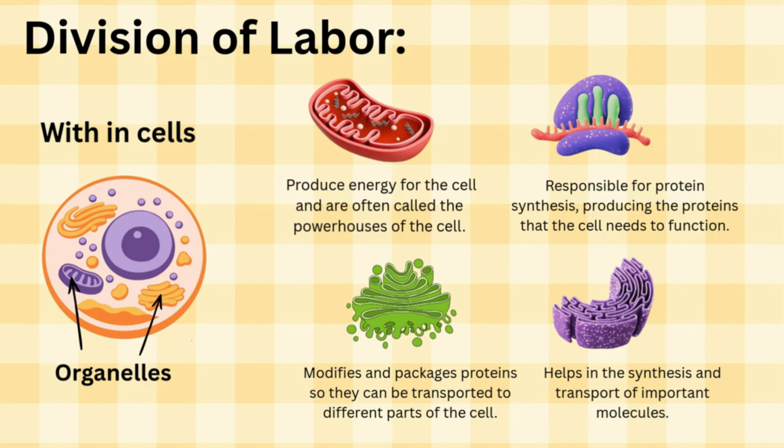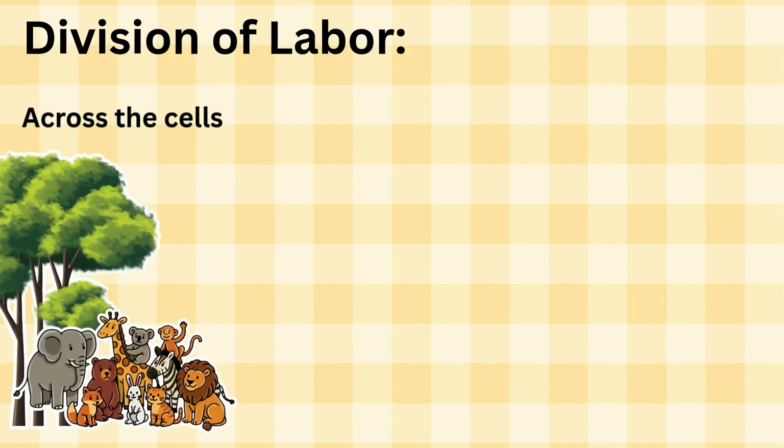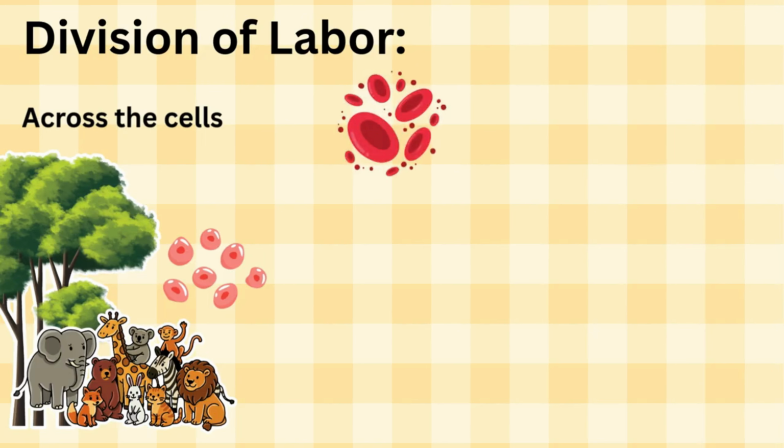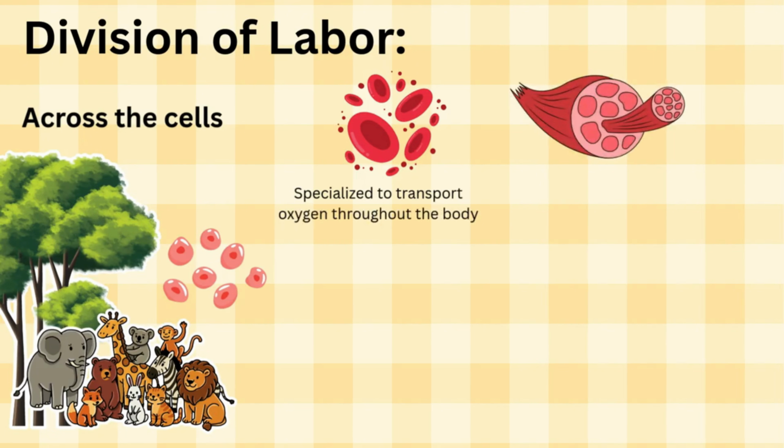But this principle does not stop at the cellular level. In multicellular organisms, the division of labor extends across different types of cells. Different cells become specialized to perform specific roles within the body. For instance, red blood cells are specialized to transport oxygen throughout the body. Muscle cells are designed for contraction and movement.